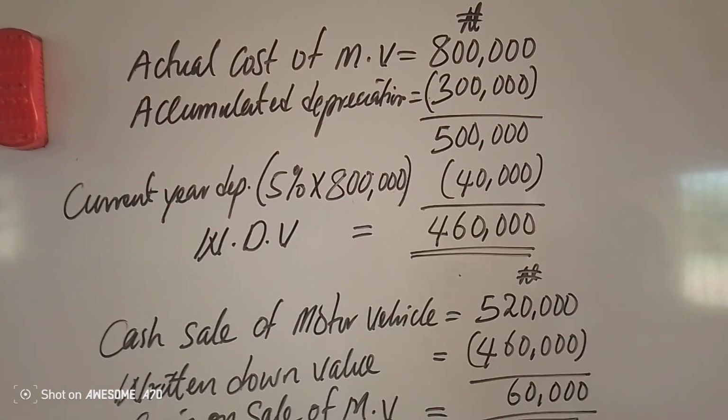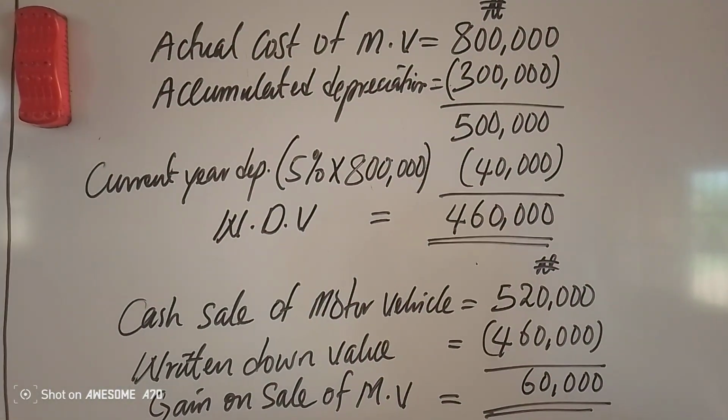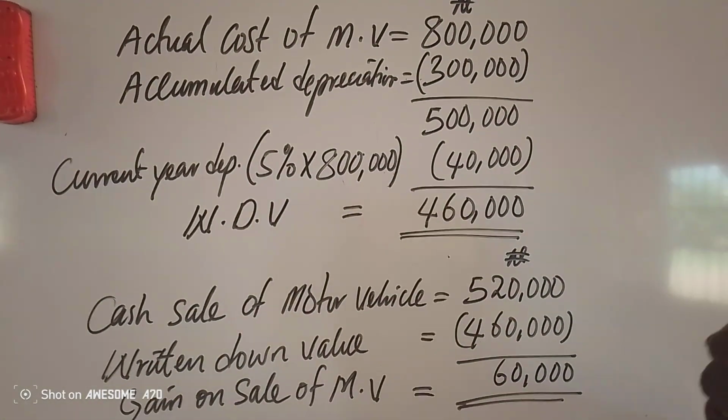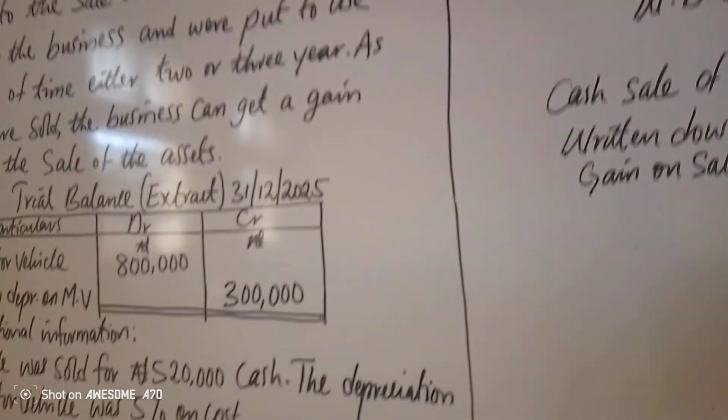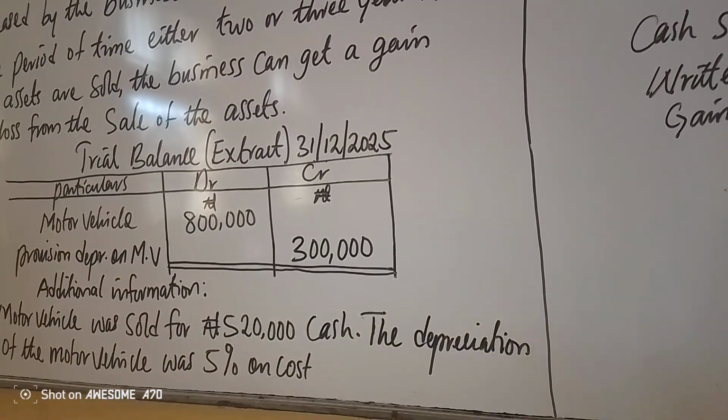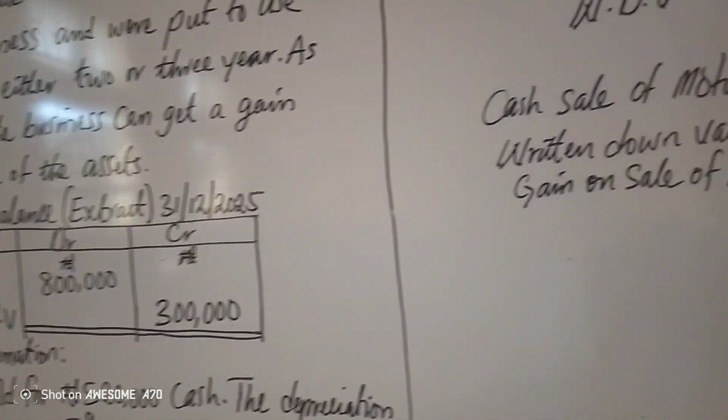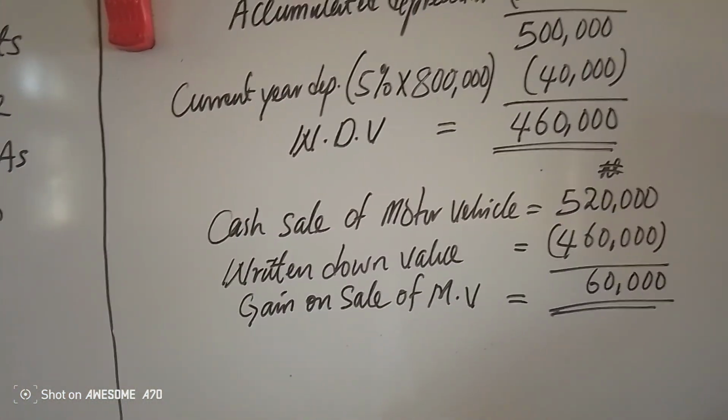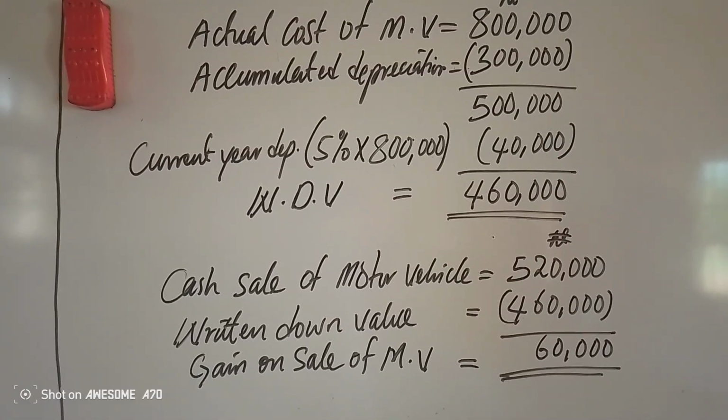But mind you, this was the previous depreciation. Then at the year end, as an adjustment, all adjustments given at the year end are things that happen at the end of the accounting period. So it means at the end of 31st December 2025, the motor vehicle was sold.